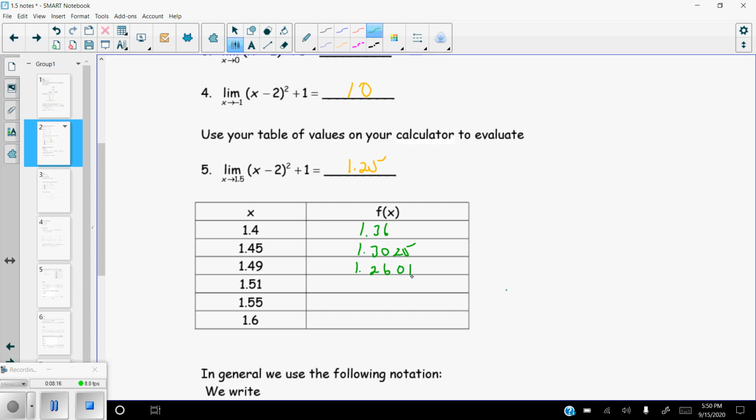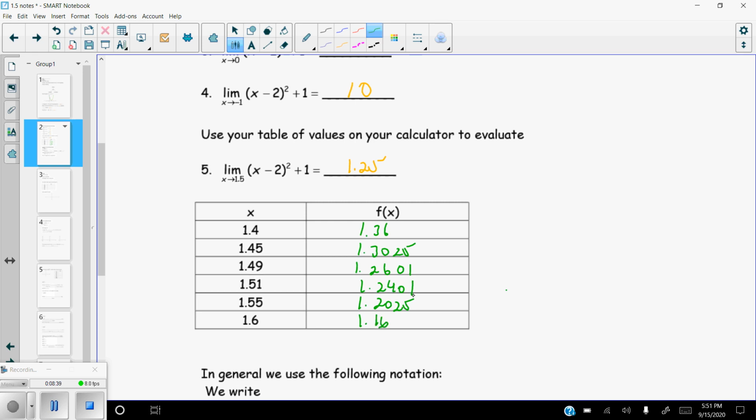Then if I go down to the bottom of the chart and start with 1.6, I'm going to get 1.16. If I do 1.55, I get 1.2025. And then if I do 1.51, I get 1.2401.